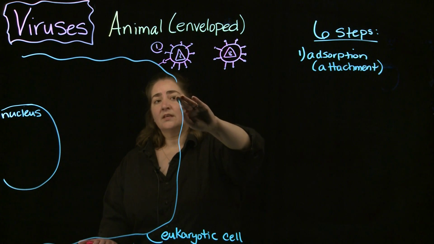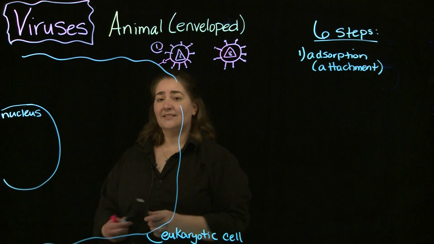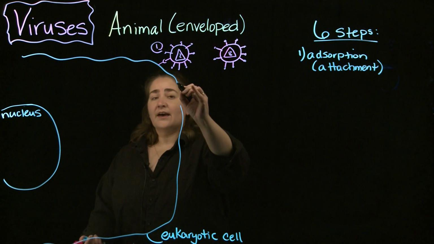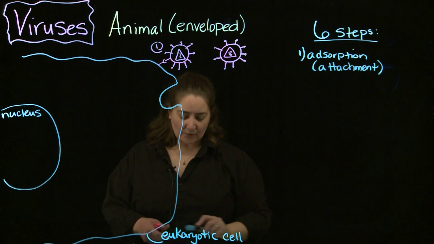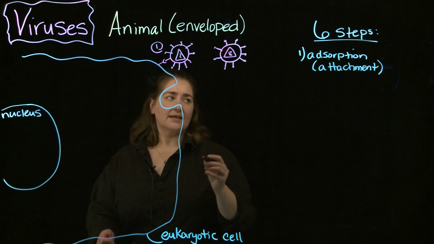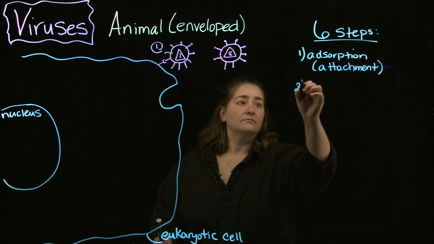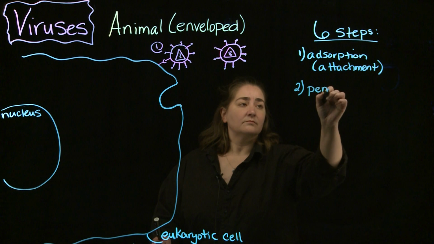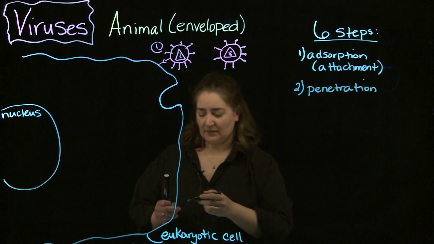All right. So that attachment or absorption is going to be our first step that's associated with our cell. The next step is once it's attached to the outside of the cell, that virus wants to get inside. All right? So what we have for our second step is going to be penetration. All right?